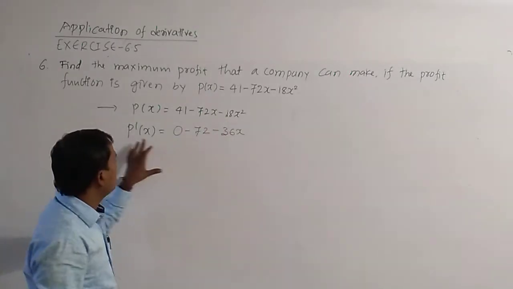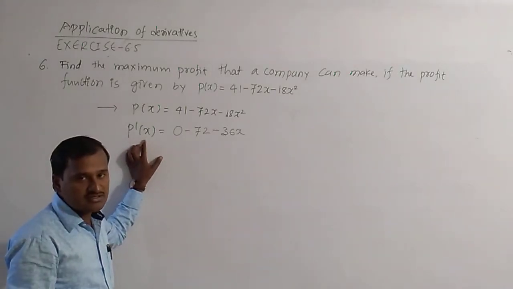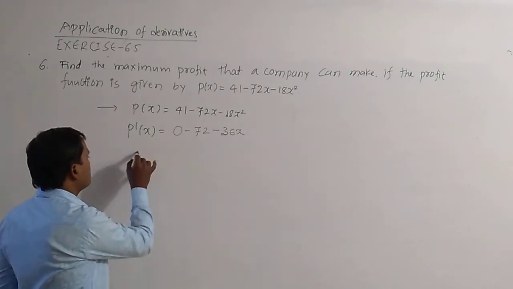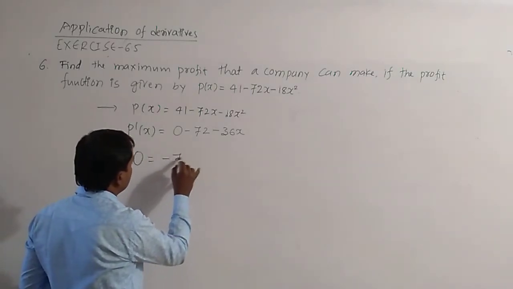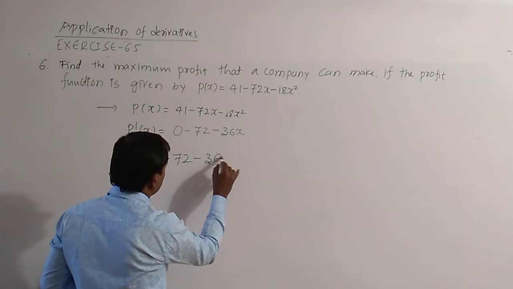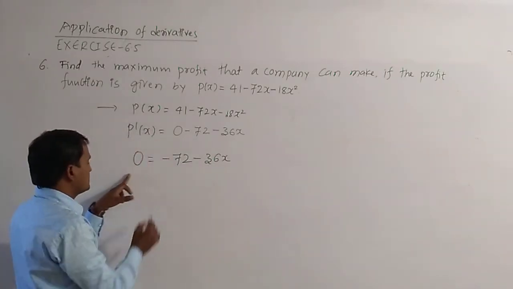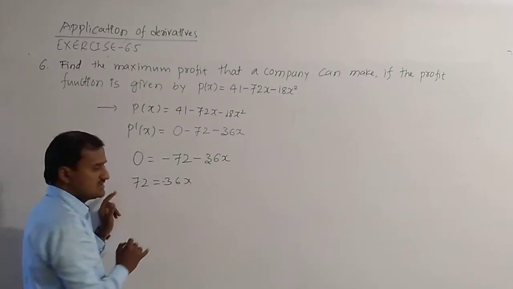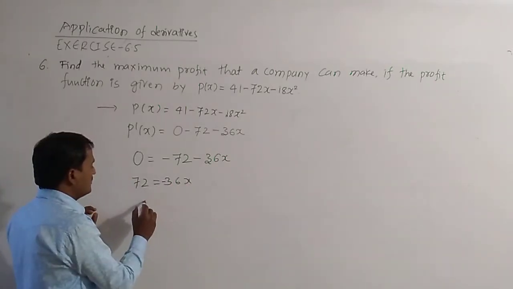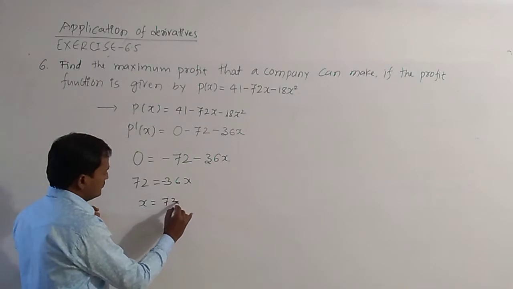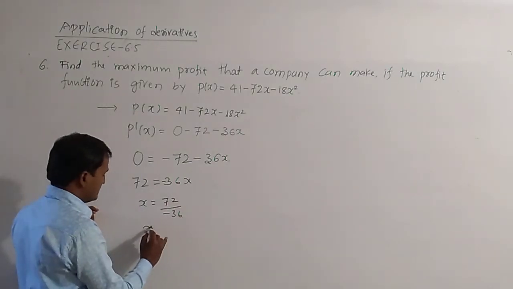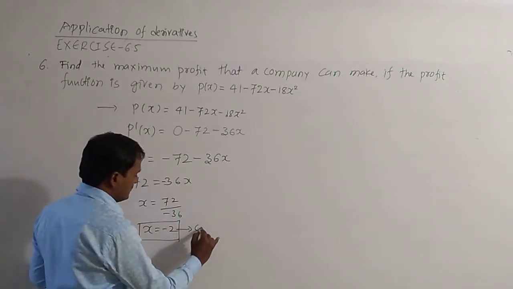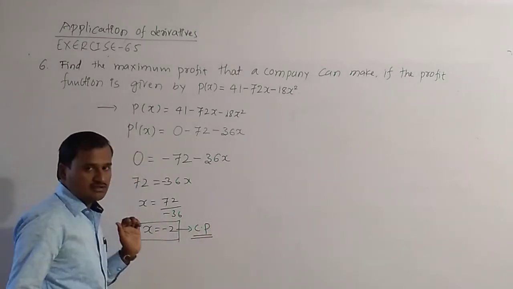Again now I will substitute p dash of x equal to 0 to get the critical point. So therefore 0 is equal to minus 72 minus 36x. Take this minus 72 to this side, 72 is equal to minus 36x, right? Or x equal to 72 divided by minus 36, so clearly x equal to -2, so this is called a critical point.